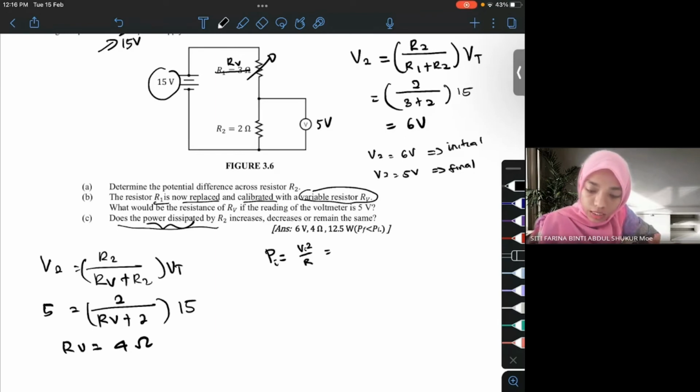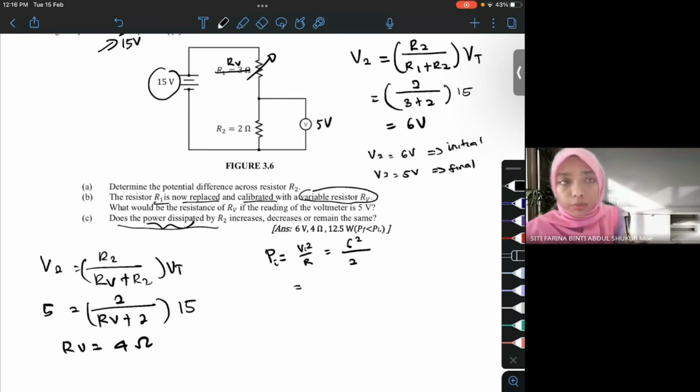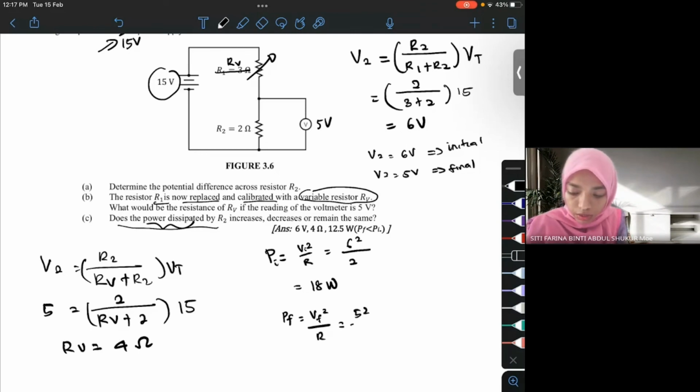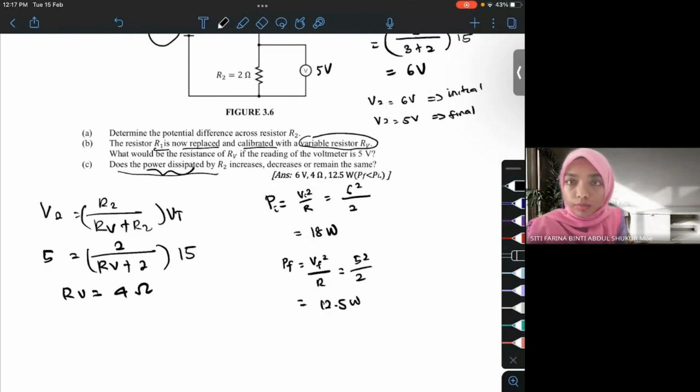So your V initial is 6 volt squared, divided by 2, to get your P initial. Press calculator, 6 squared is 36, divide 2, gives 18 watt. Then you find your P final. V final squared, R constant. Your V final is 5 squared over 2. 25 divided by 2, 12.5 watt. So you get this much.